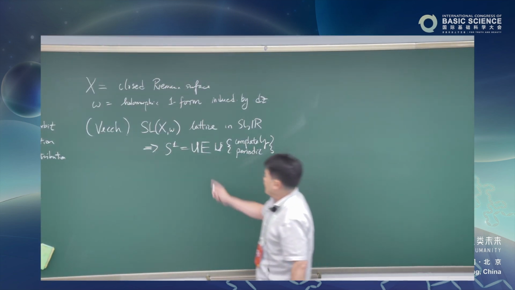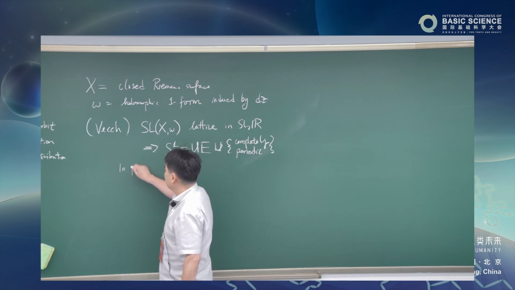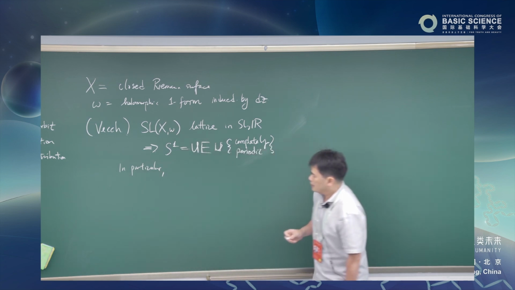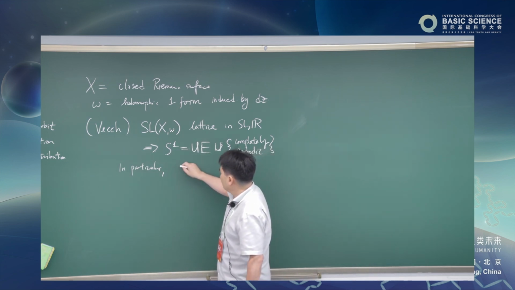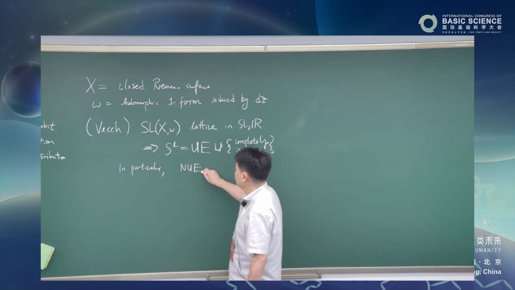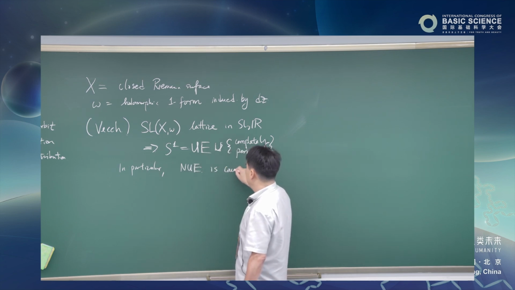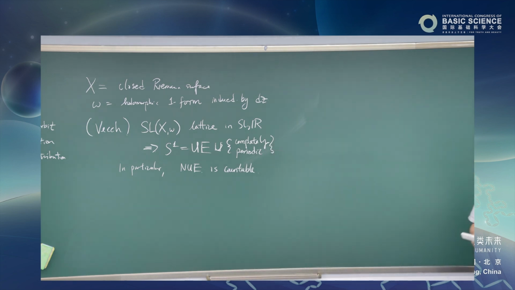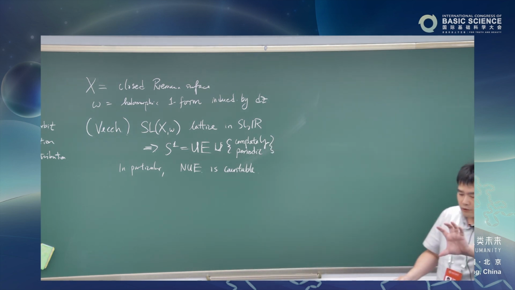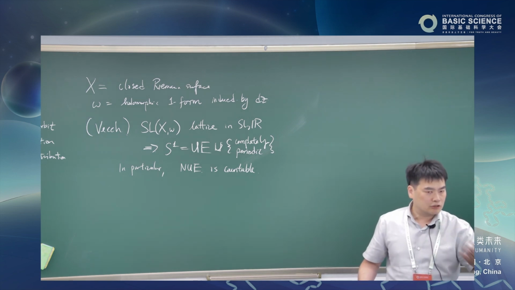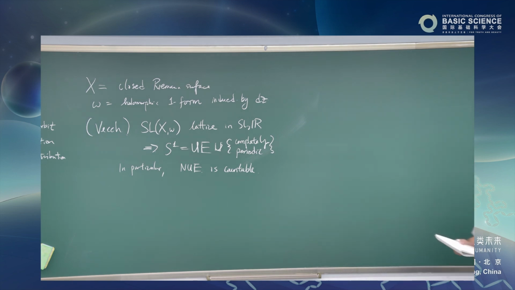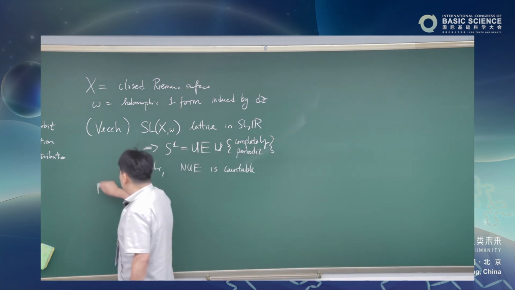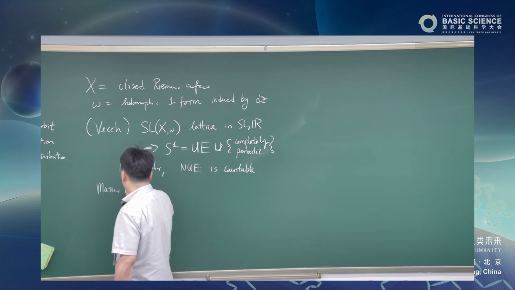I mention in particular that it follows that the set of non-uniquely ergodic directions is countable. It's not entirely obvious, but it's a consequence. If you think of a square, then you either have irrational or rational, and the set of rational directions is countable. Now I need to mention a result of Masur.